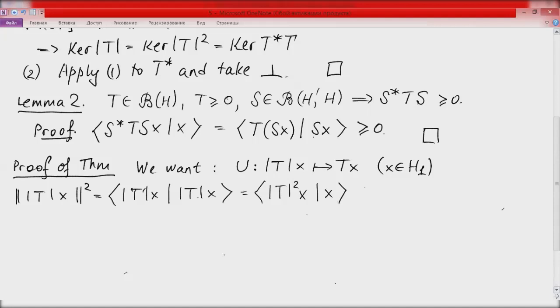And the modulus of T squared is T star T. So again, this is the inner product of Tx by itself. That is the norm of Tx squared.